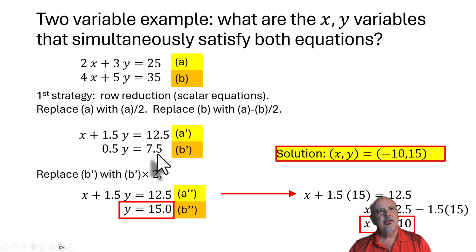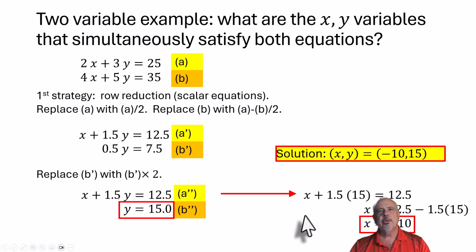So that means we're going to end up with 7.5 for that b prime equation. We're making a step here, and then the next step might be to replace b prime with b prime times 2. That gives us y straight away. When we multiply both sides by 2, we end up with 7.5 transitioning to 15. And we've really solved for y doing that process.